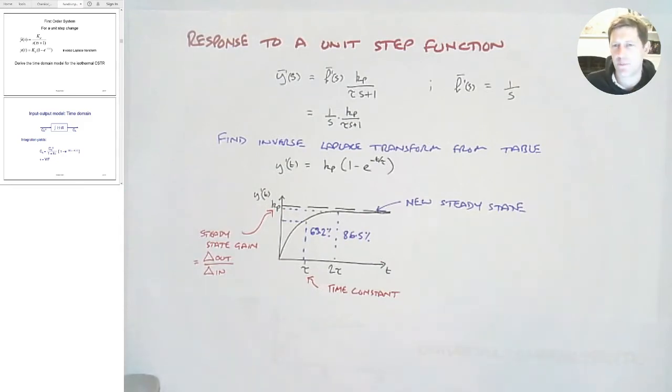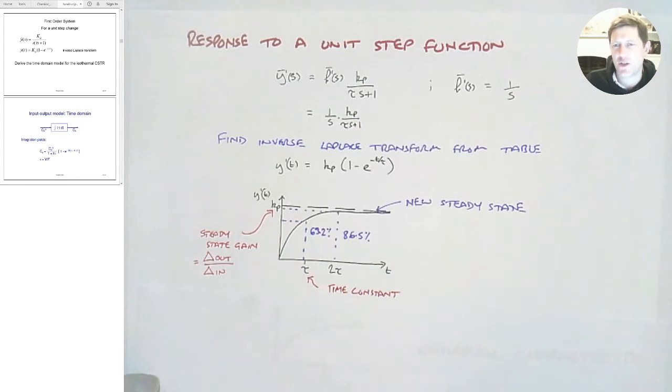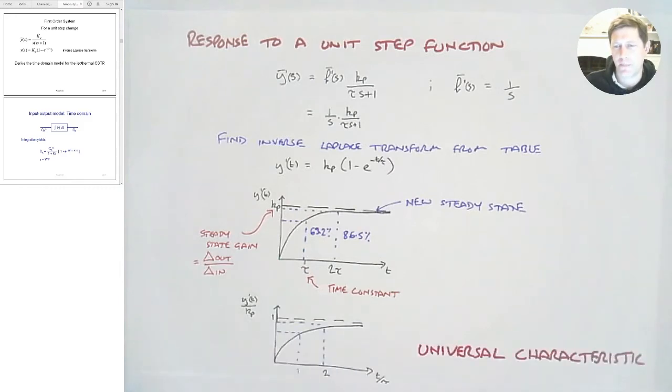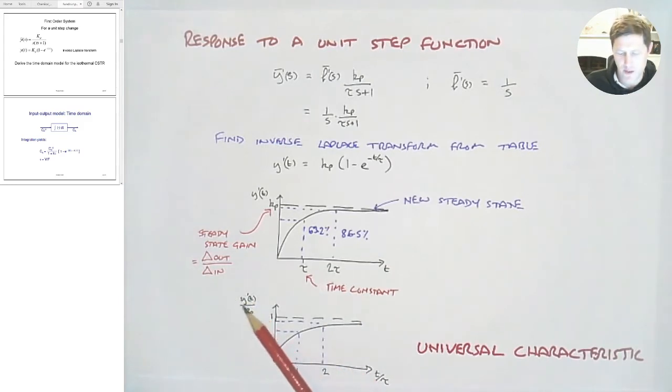Now that's written in terms of tau and kp, but this response can be universalized. The equation we looked at can apply to lots of different systems, and so we can consider all of those on a simple plot, whereby we look at the ratio of the response to the gain, and we look at the ratio of the time to the time constant, and then we get a plot which tends towards 1.